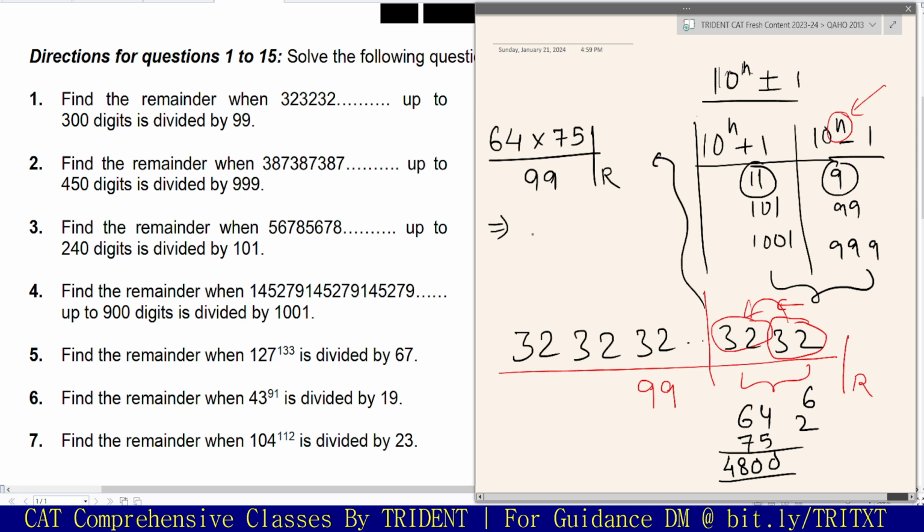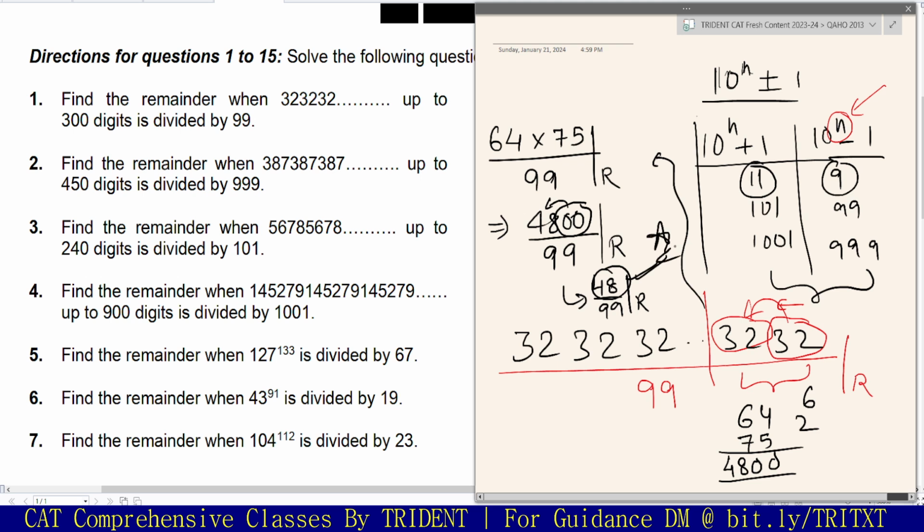This is 4800. 4800 upon 99 remainder. Now my dear friends, at this point you can actually divide this also, but then again form the two groups and add. So you will get 48 divided by 99. But hey, wait, 48 happens to be less than the divisor 99, so 48 has to be the answer.